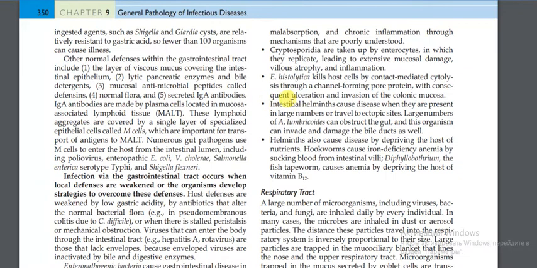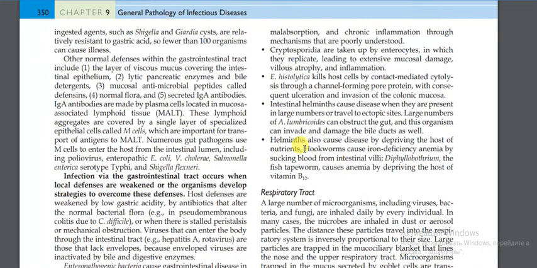Intestinal helminths also cause disease when they are present in large numbers or travel to ectopic sites. For example, Ascaris lumbricoides can obstruct the gut, and this organism can invade and damage the bile ducts as well. Helminths also cause disease by depriving the host of nutrients.